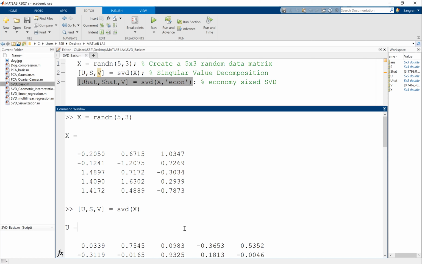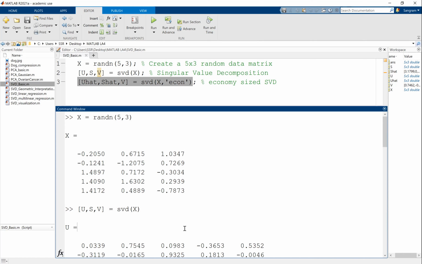You may not believe me right now, but bear with me for a second and it will become clear. But before I go further, I just want to make sure that everyone is able to run the SVD and economy size SVD. Is it giving you some answers?